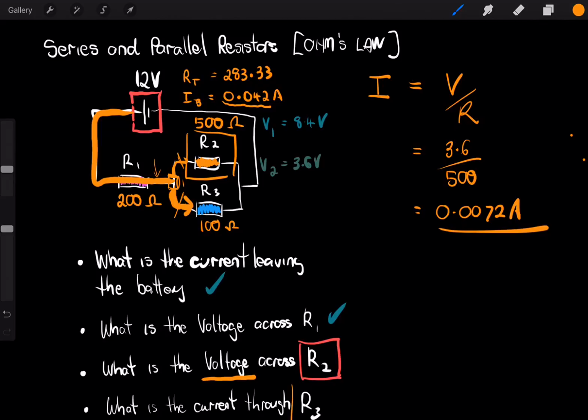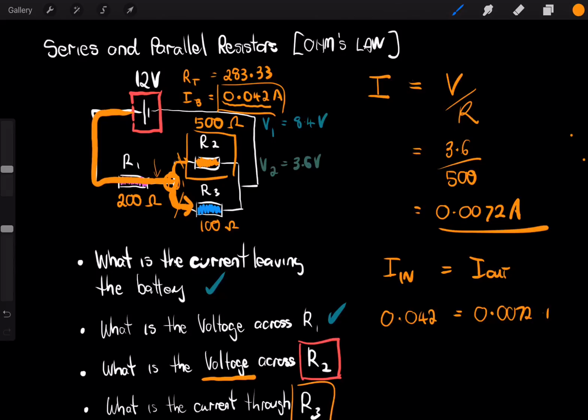But the question's asking for the current through R3. Remember, the current through R2 and R3 combined must add up to 0.042. In other words, current into this junction must equal current out. So 0.042 must equal the total current coming out, which is what we just worked out, 0.0072, plus the current through resistor 3, which we'll call I3.